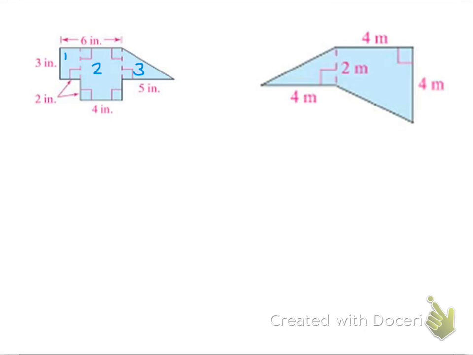Now we need to decide if we're going to add or subtract. To find the area of the whole shape, we're going to add all three together because they're all combined. So our area is equal to the area of figure 1 plus the area of figure 2 plus the area of figure 3.